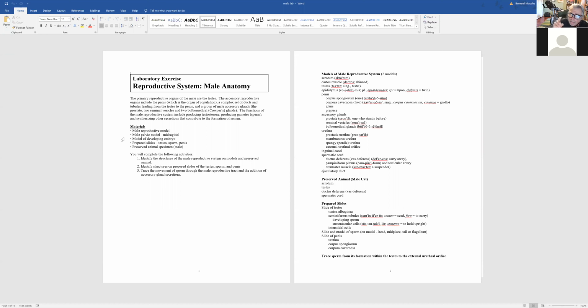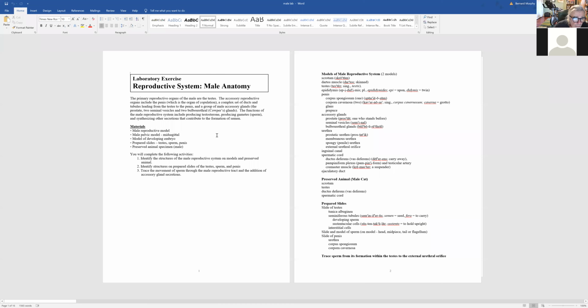Unfortunately, the picture of the female 3D is not in the female lab. We should have updated it, but I'm going to show you a picture of what it looks like that I found on the web.